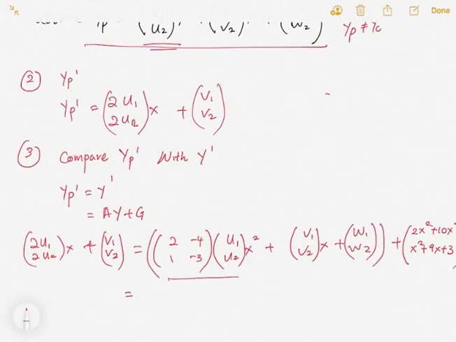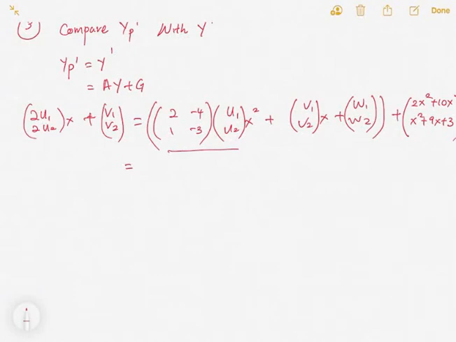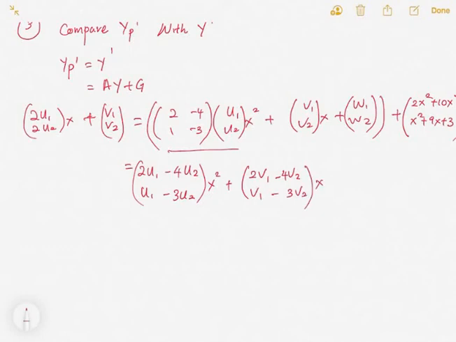You multiply in this part, so you have 2u1 minus 4u2, u1 minus 3u2, for the x squared, plus 2v1 minus 4v2, and v1 minus 3v2, for x, plus, for the constant part, 2w1 minus 4w2, and w1 minus 3w2.